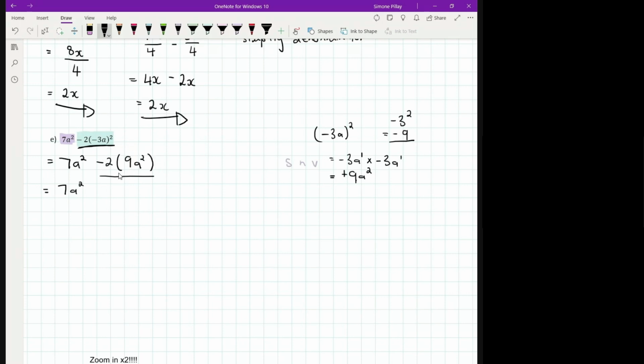This is multiplication over here, so I can distribute. So now when we distribute, it's going to be negative 2 times 9a squared, which gives you what, Rory-san? 18a squared. Positive 18? Negative. Negative 18a squared.